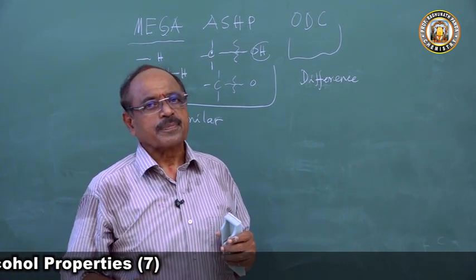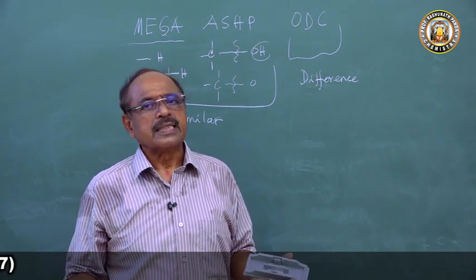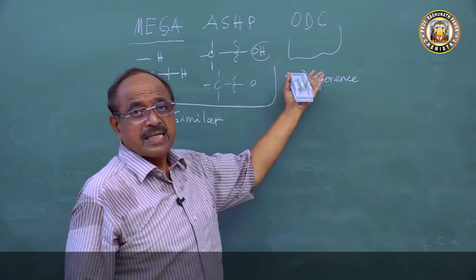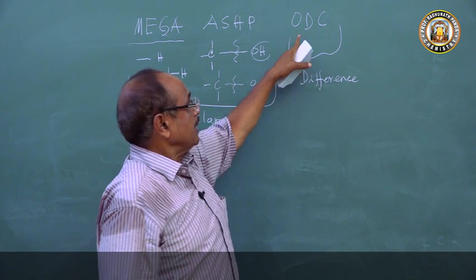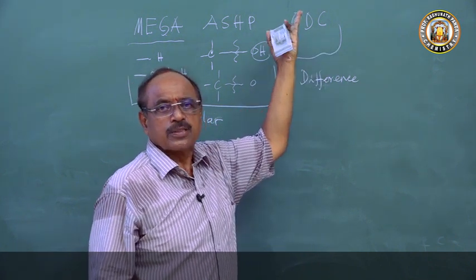Mention two important properties by which you can distinguish primary from secondary from tertiary. This may be a question to you. So you remember the ODC: O, oxidation; D, dehydration; C, reaction with chlorine.